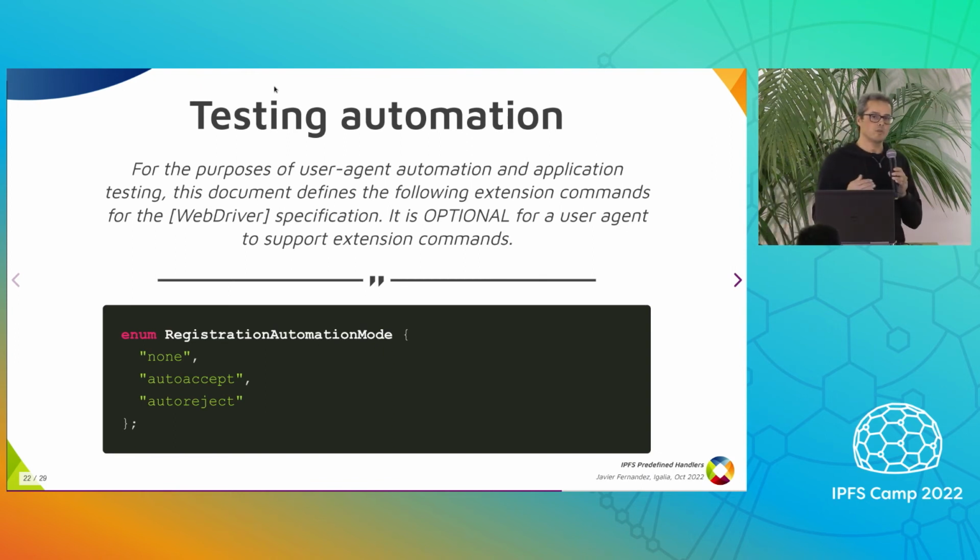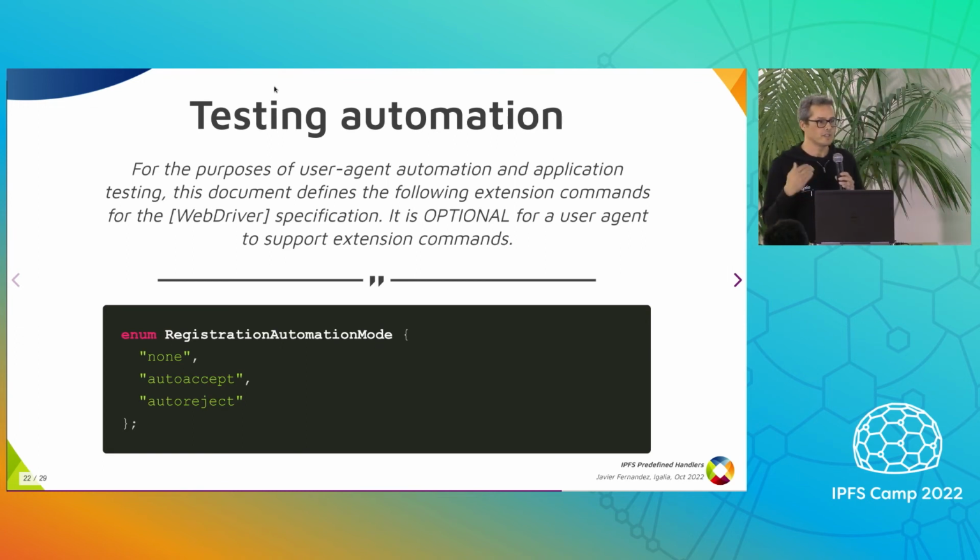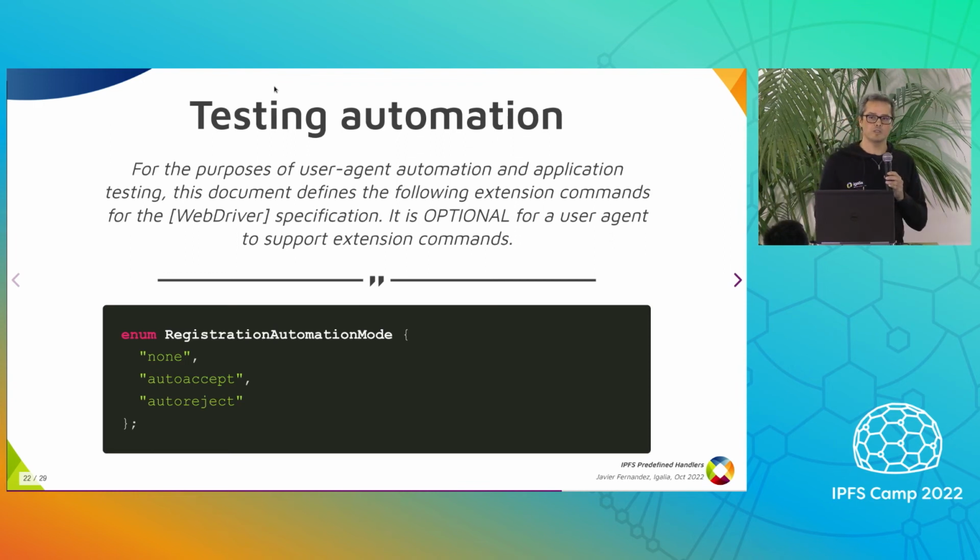For that, we are exploring a new WebDriver command. WebDriver is a specification for testing automation, and we are proposing to the WPT community a new WebDriver command to put the browser in a mode that can auto-accept or auto-reject any request.